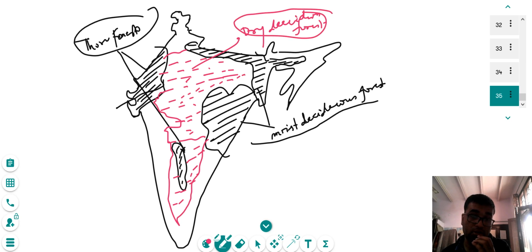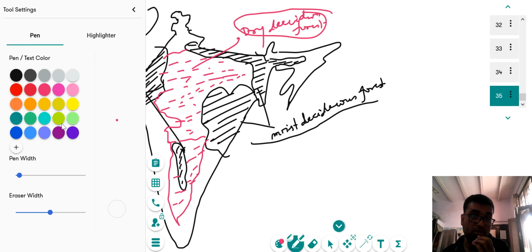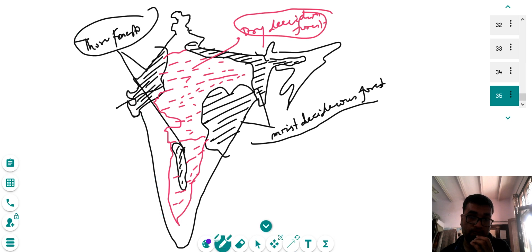Right? And in the Western Ghats, here you have, in this belt, the evergreen forest, wet evergreen forest in this belt, and in the margins of wet evergreen you have the semi evergreen forest.